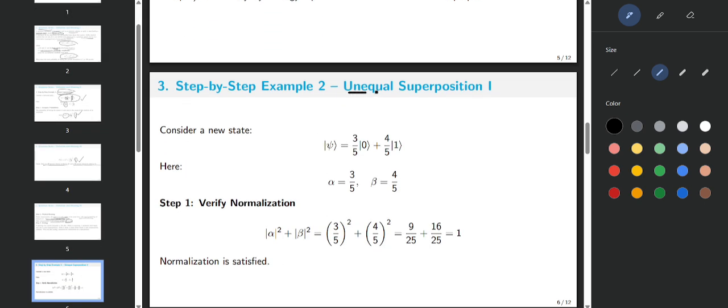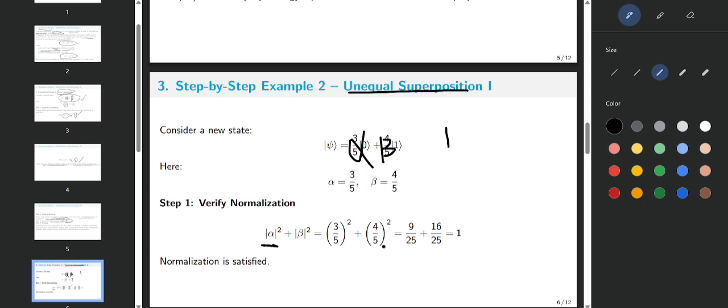So 3 by 5 is alpha and 4 by 5 is beta. To get the probability of ket 0, I calculate mod alpha square. To get the probability of ket 1, mod beta square. If I combine these, I end up getting 1, so it is a valid state. The normalization is satisfied.